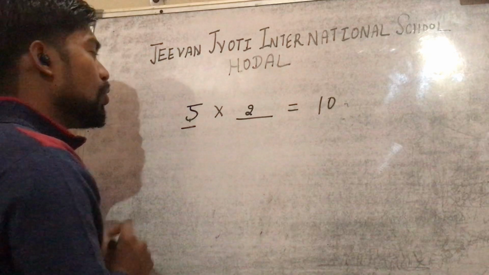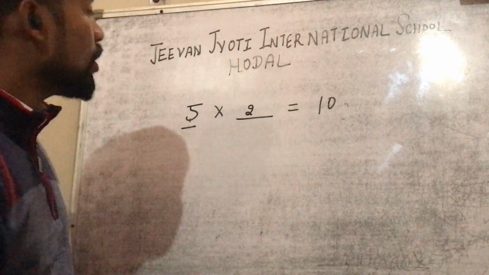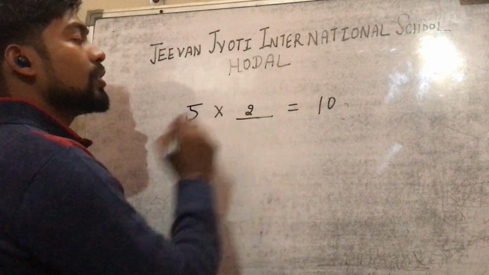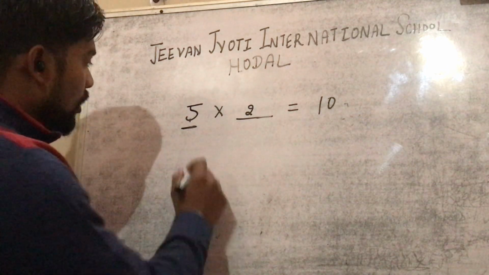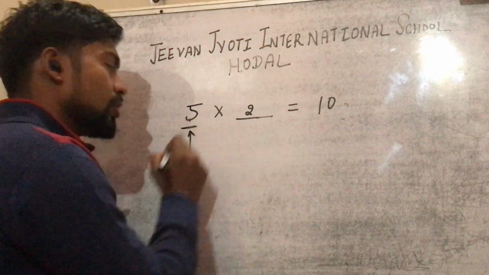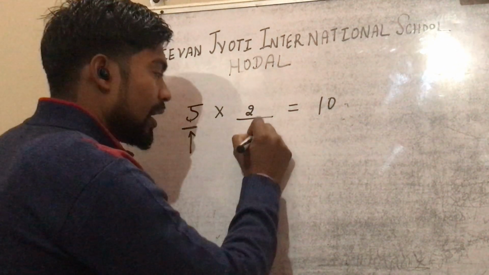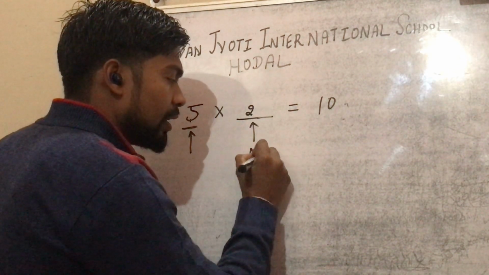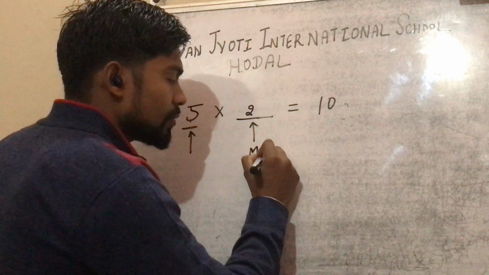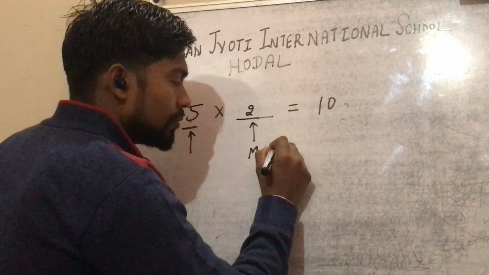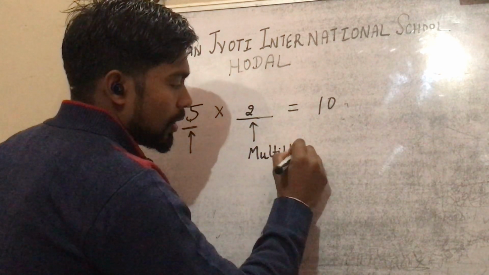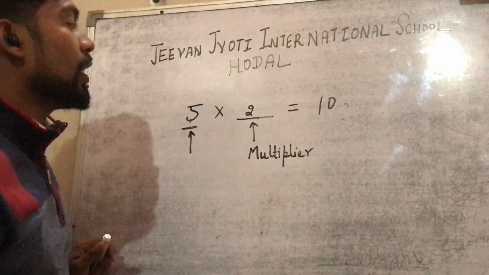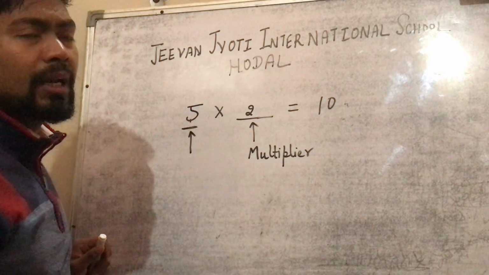10. So the question here is, what do we call these numbers? The number which multiplies the other number is called the multiplier. Okay, the number 2 is multiplying the number 5.